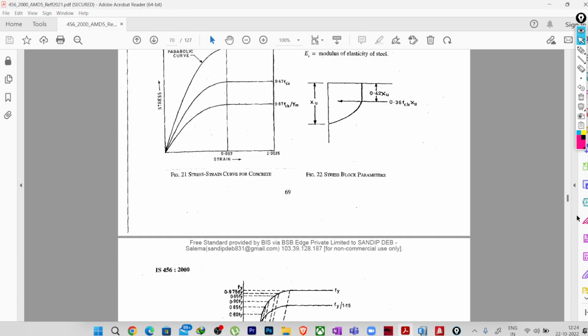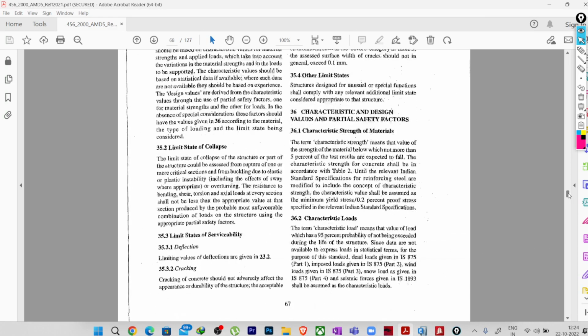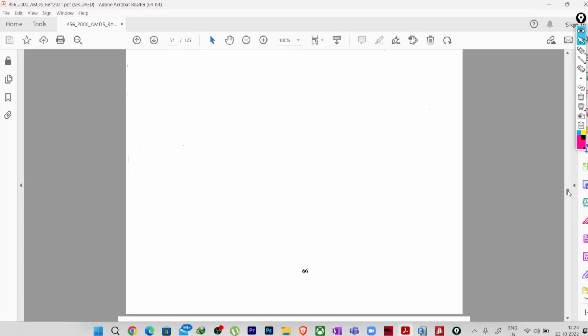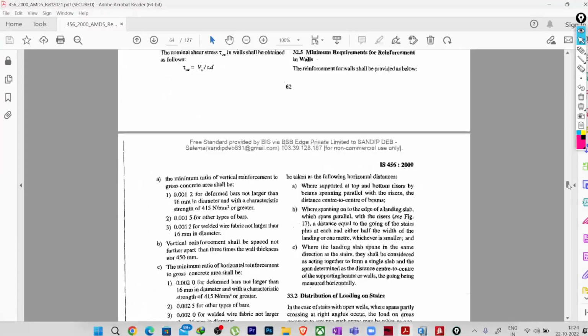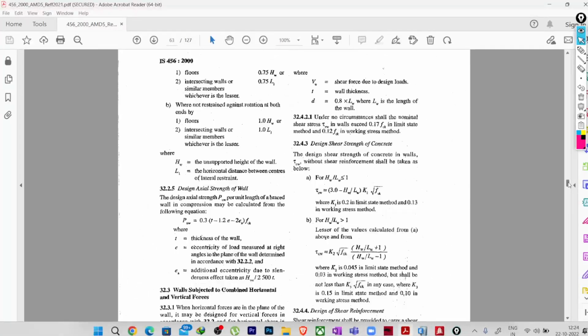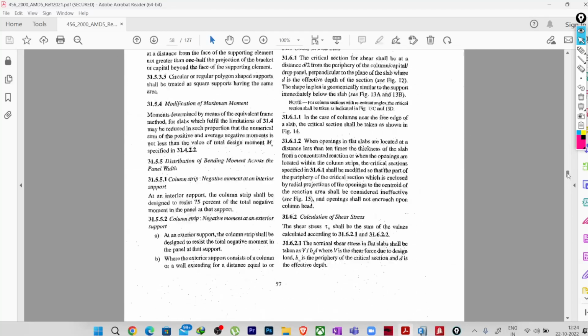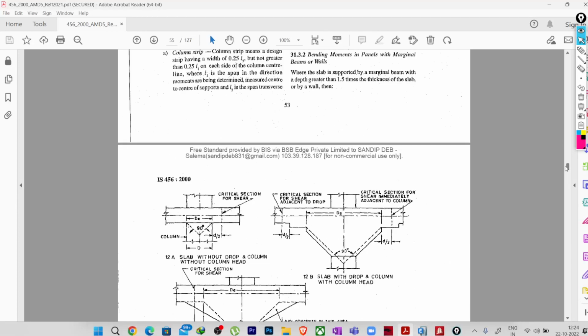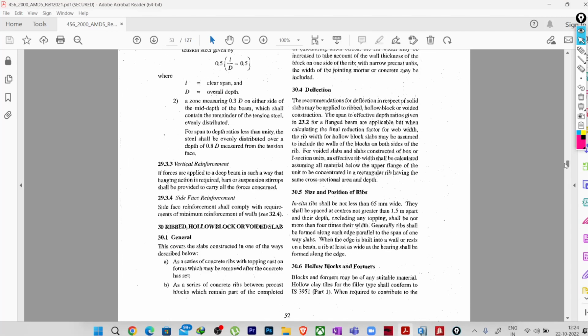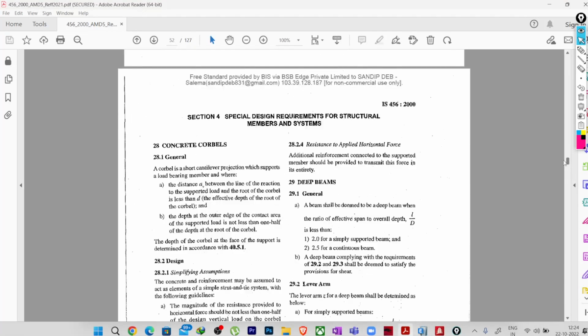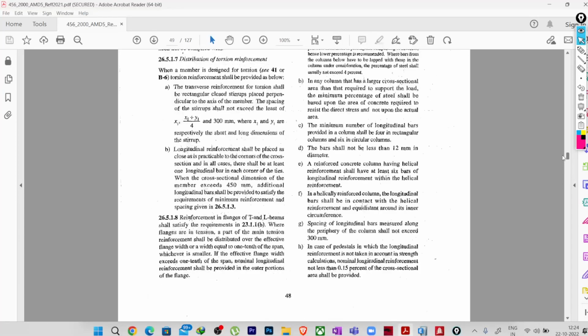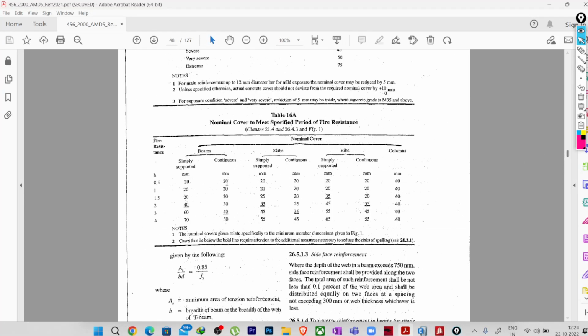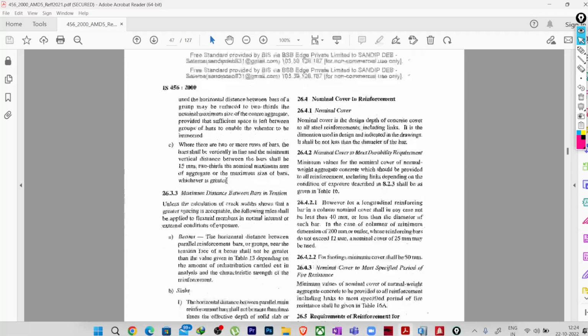I think it is given. Let me check. There are some criteria, that is 0.75 D or 300 mm, or there is another criteria, ASV by SV equal to something. Let me check. I think it will be here only.